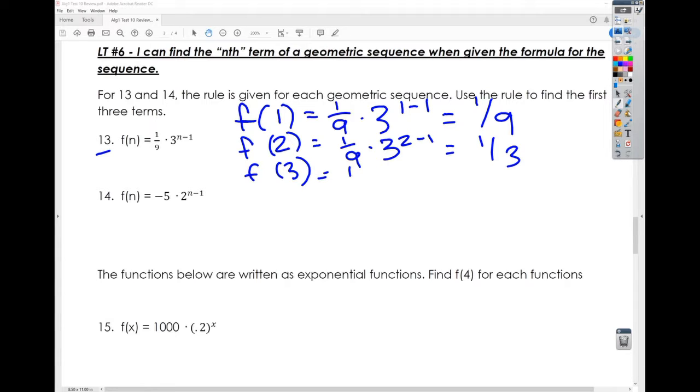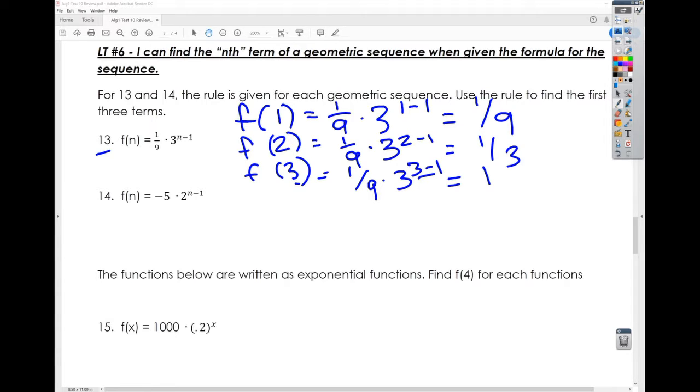Okay, and then for the third value in this sequence, we would now want n to be equal to a value of 3. So that'd be 3 to the 3 minus 1. Well, 3 minus 1 is 2. 3 squared is 9, and 9 times 1/9 is 1.